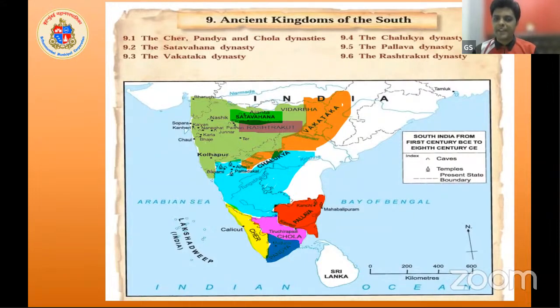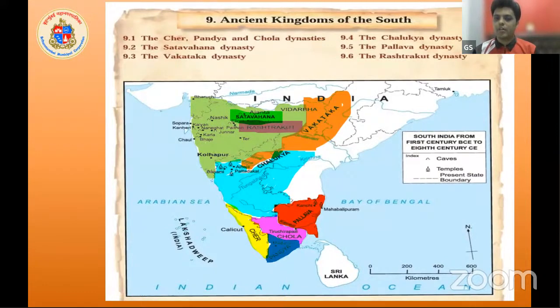In 9.3, we learned about the Vakataka dynasty, the king who established this dynasty, also about the different cultural and art and literature facts of this dynasty. This was our first lecture.